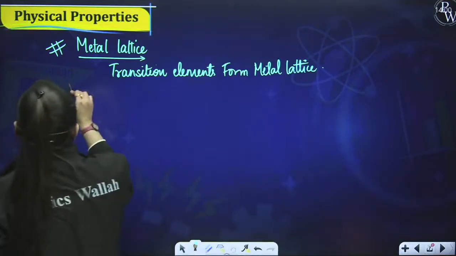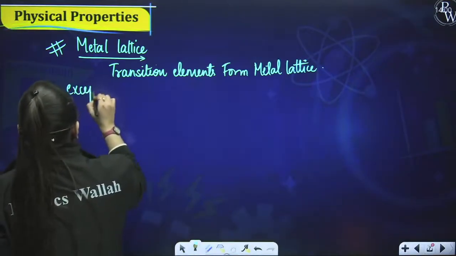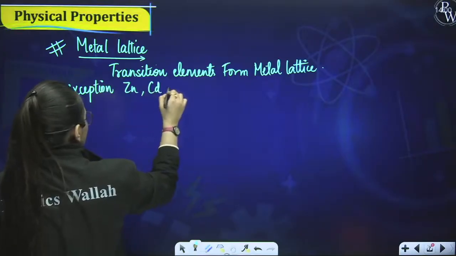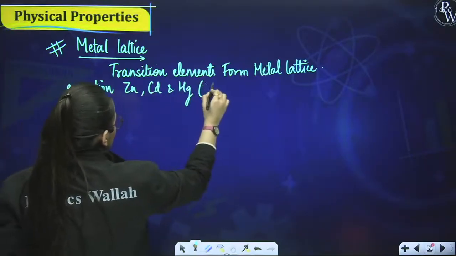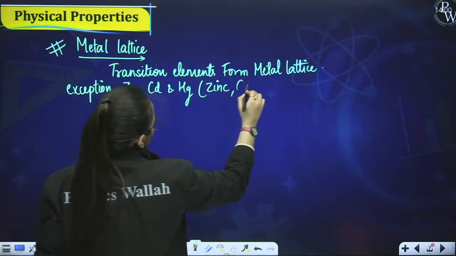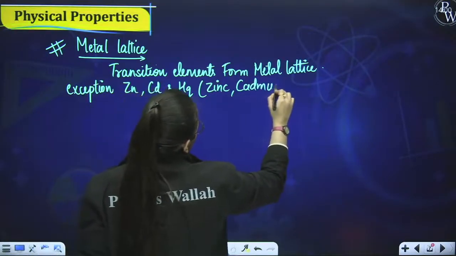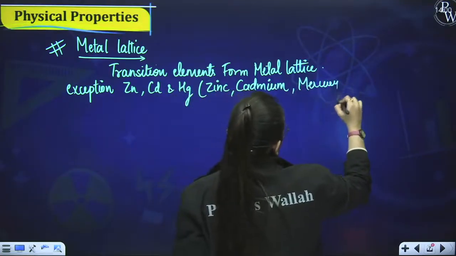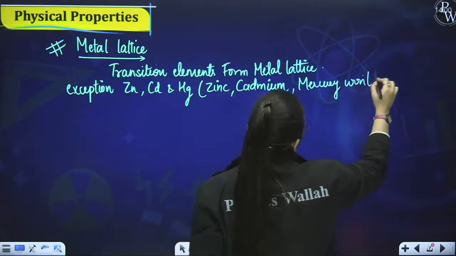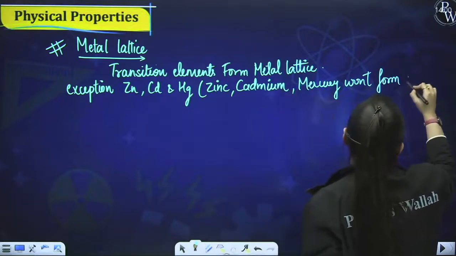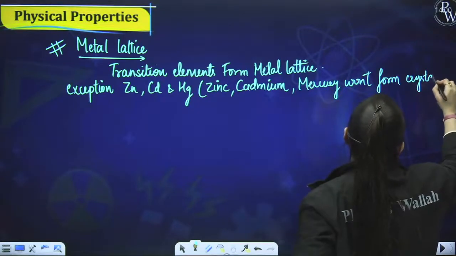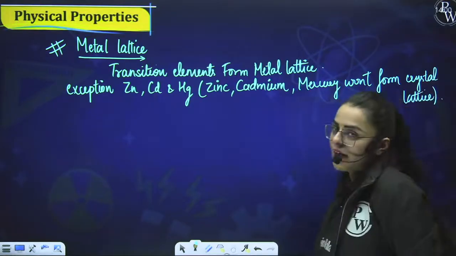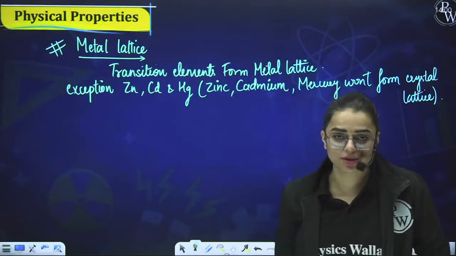So there is an exception over here, that is zinc, cadmium and mercury. You can even write it down, zinc, cadmium and mercury won't form crystal lattice or metal lattice. Only transitional elements, as they are metal, they shall form the metal lattice structure.